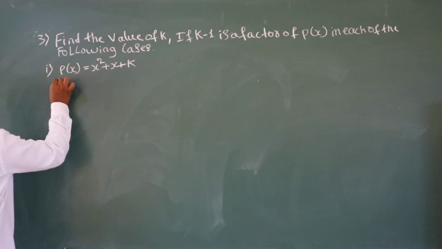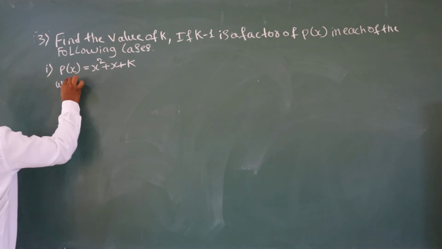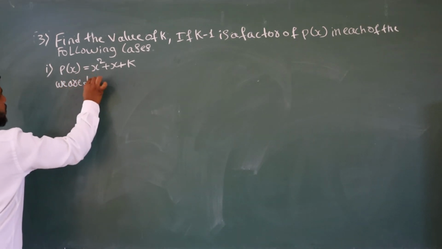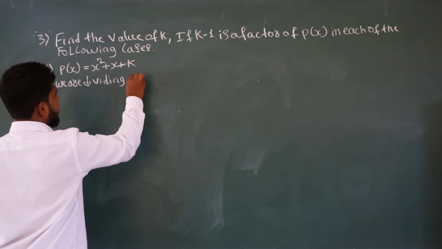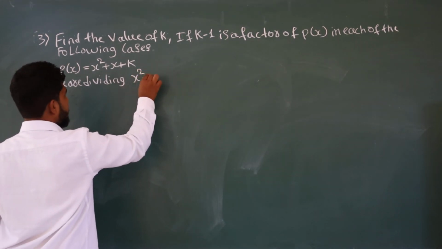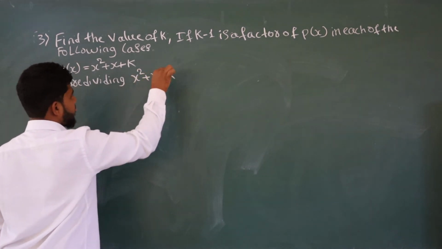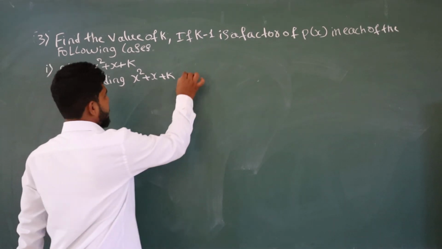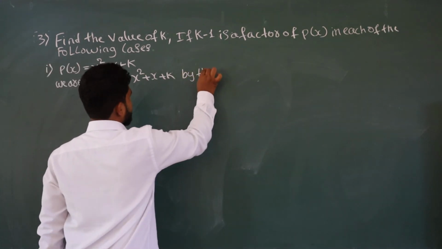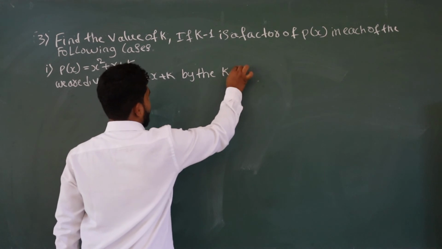Here we are dividing x square plus x plus k by x minus 1.